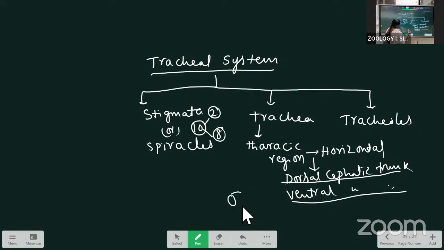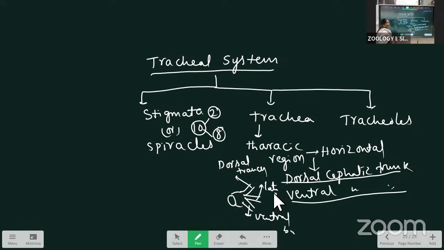One branch comes from the dorsal side, which we call the dorsal trachea or dorsal branch, and one is the ventral branch, and the middle one is called the lateral branch. Here all three are combined to the atrium that opens into the spiracle. I will draw the diagram, then you will understand easily.